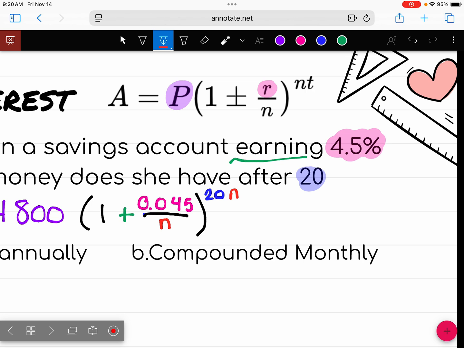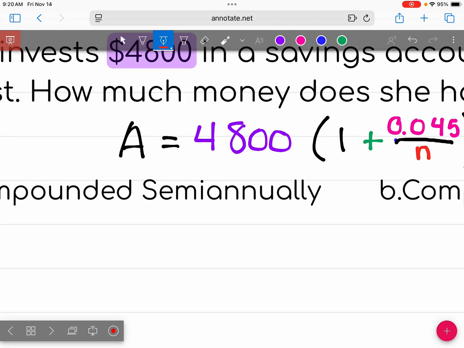When we're looking at compounding semi-annually, how many times is that going to be? 2. Semi means splitting it in half. Semi-annually is not used super often, except for things like the Bath and Body Works semi-annual sale. That just usually means twice a year.